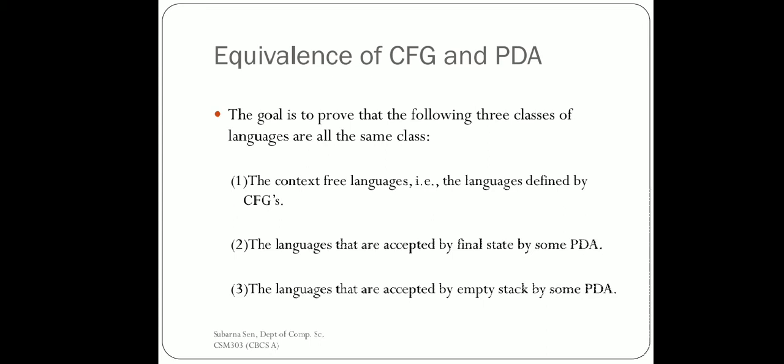We have proven it both ways around, right? We started with the final state concept and arrived at the empty stack concept, and we have also done the reverse process. Now our job is to show that if we can prove that 1 and 3 are equivalent, or 1 and 2 are equivalent, then we can be quite sure that all three are equivalent.